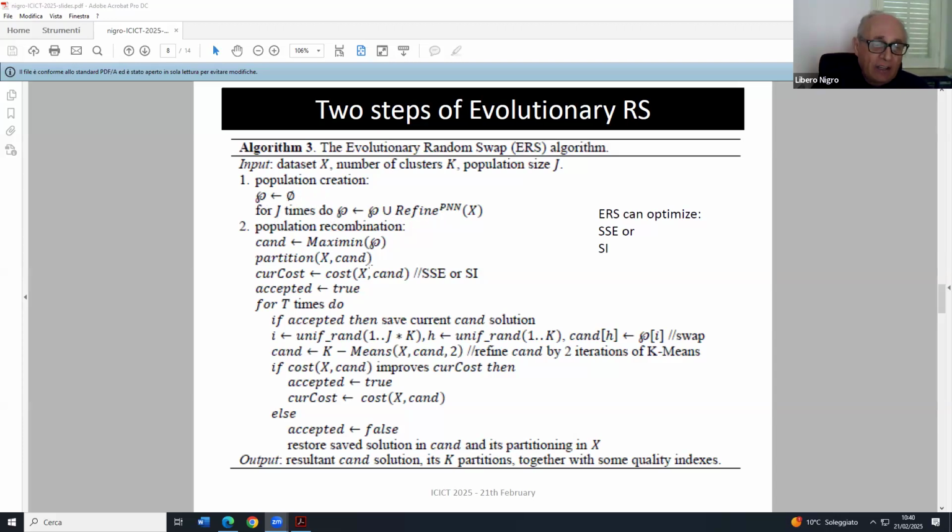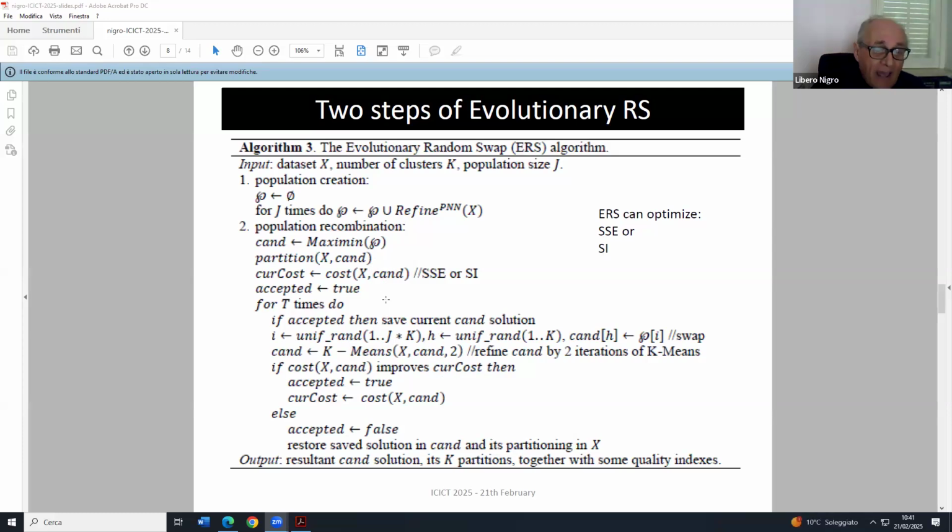After the population has been created, we recombine the solutions, the centroids of the population. What is new in our approach is that swaps are accomplished between centroids in the current solution and points chosen in the population.